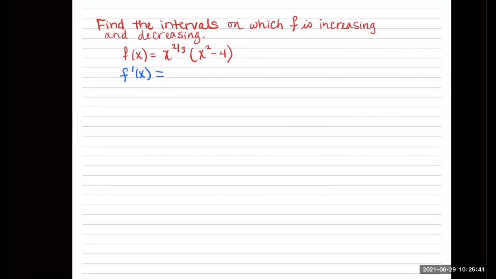We're going to find the derivative. I could actually distribute and not use the product rule, but I'm going to go ahead and use the product rule. So I have the first one times the derivative of the second plus the second one times the derivative of the first. Help me out.